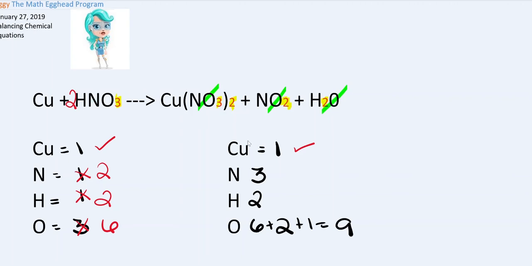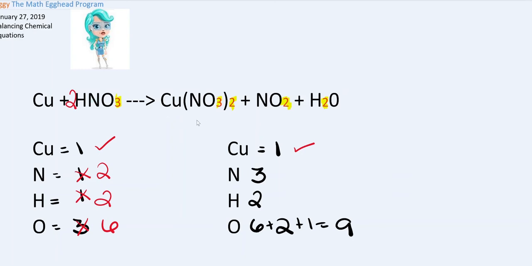As you can see, oxygen is in 3 different molecules: copper nitrate, nitrogen dioxide, and water. So it would not be as simple as you thought to balance the oxygen. I want to do something that is very simple. So it would be easier to try to balance nitrogen.